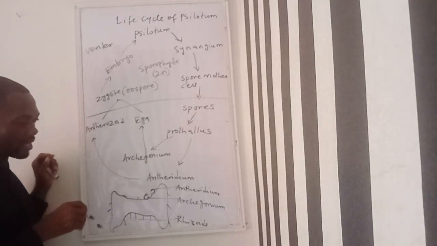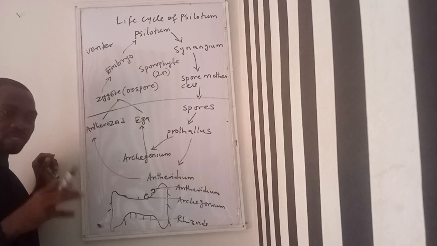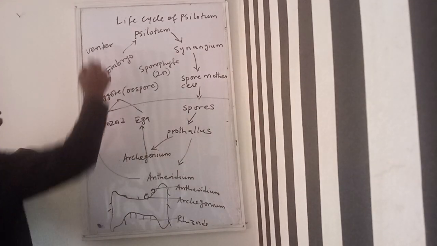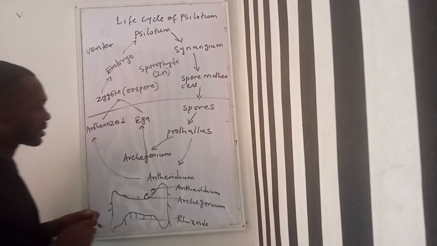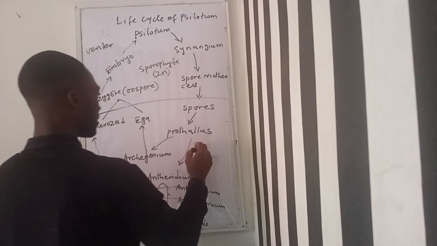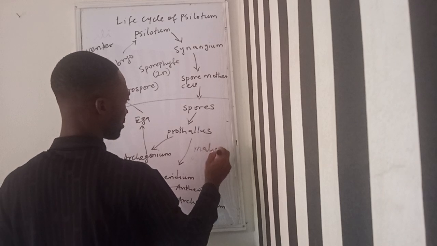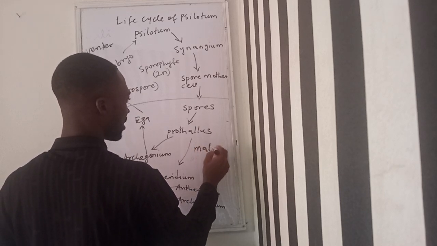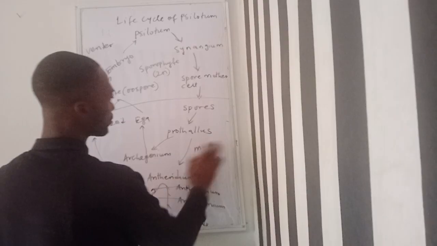Into the venter. And we also said that there is an acid within the archegonium that helps to attract the anterozoids. That acid is called malic acid. Malic, M-A-L-I-C. The malic acid or the mucilage.